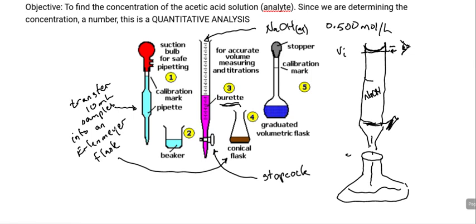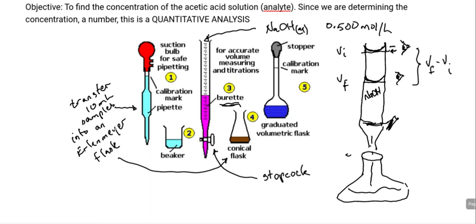Once you've reached that end point, once you've determined you've added enough NaOH so that the reaction has come to a stop and you've neutralized your acetic acid, you're going to take a look at what the final volume is. Again, put your eye level around the meniscus. We want to measure at the meniscus, and that will be our final volume. So the volume that we've added would be the final volume minus the initial volume, and that'll tell us how much NaOH it took to actually carry out this reaction.